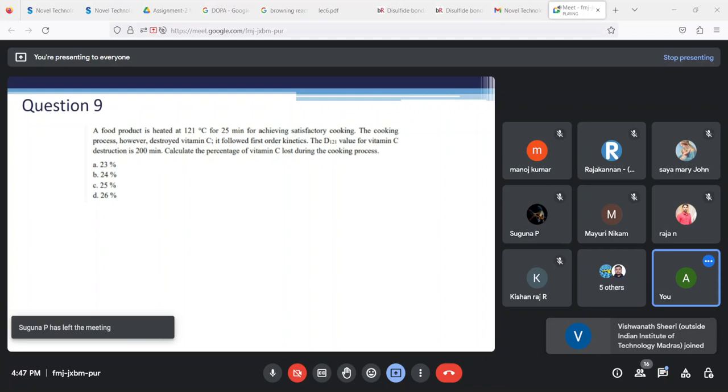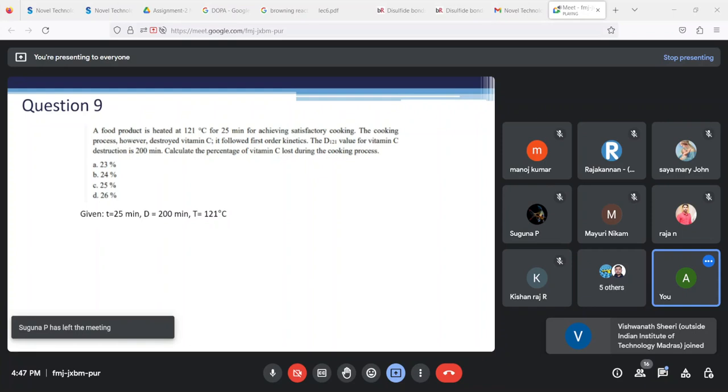It's not just microbes. Be it vitamins or microbes, it is the time taken to reduce the amount of the compound you are looking at by a factor of 10. So from the D value, you can calculate the rate constant, as we looked at before.